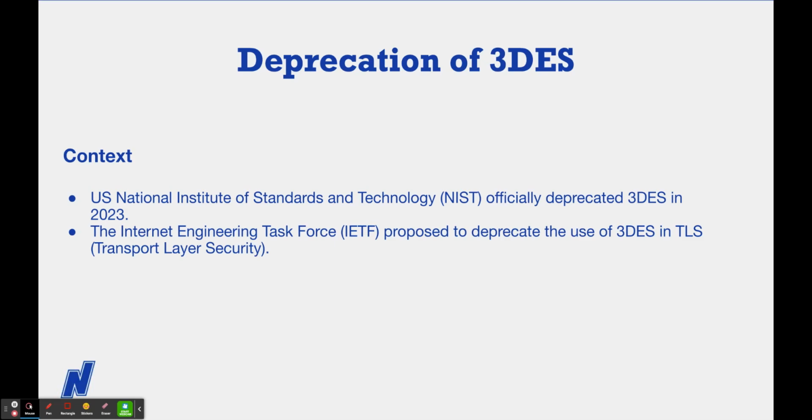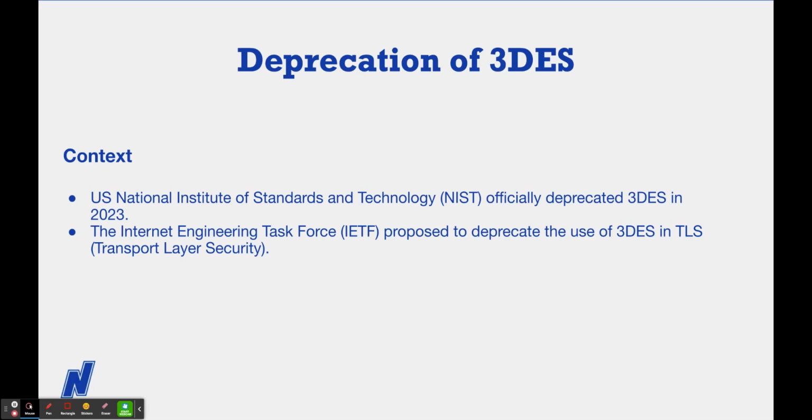Similarly, the Internet Engineering Task Force, the IETF, proposed the deprecation of 3DES in the Transport Layer Security, which is the TLS protocol, which is crucial for secure communication over the internet, as we discussed previously.